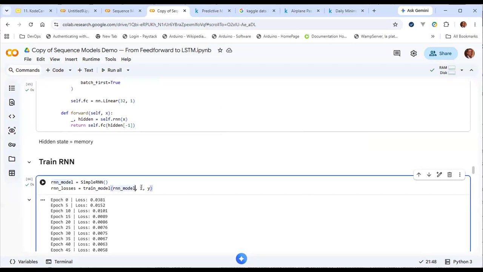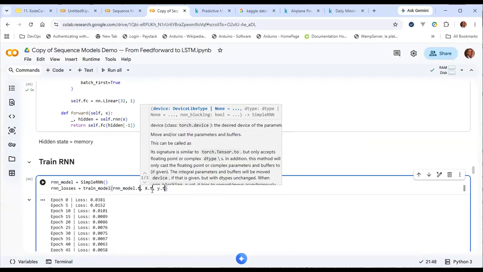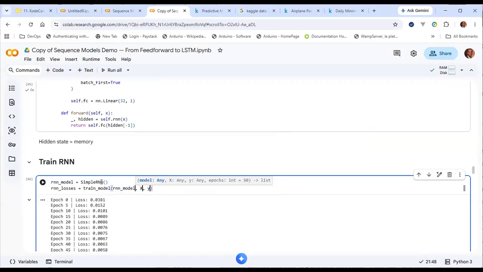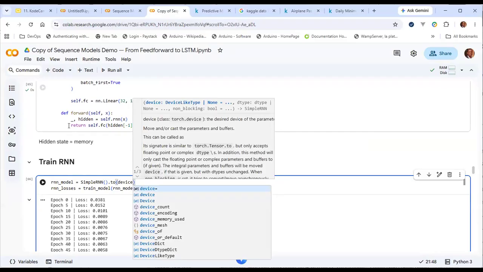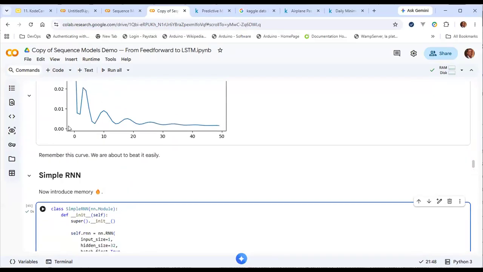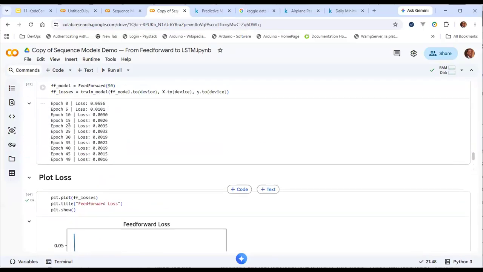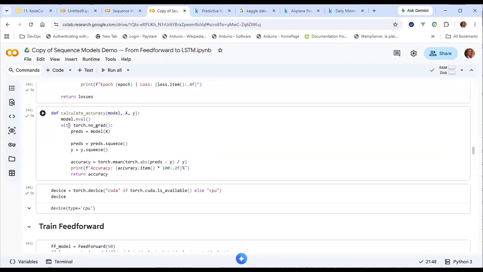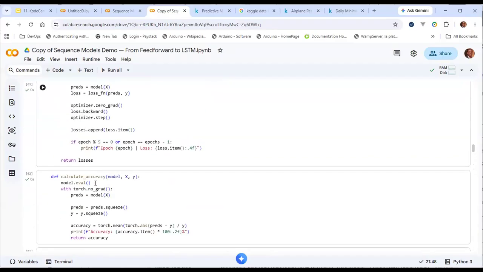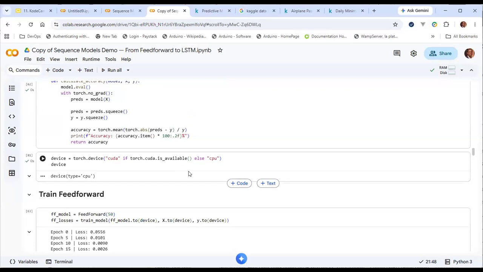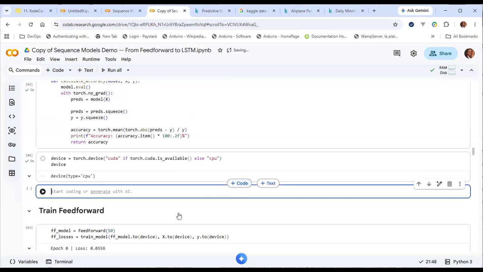So same thing here. Oh yeah, one thing we should actually do: we can move the X and Y to device here.